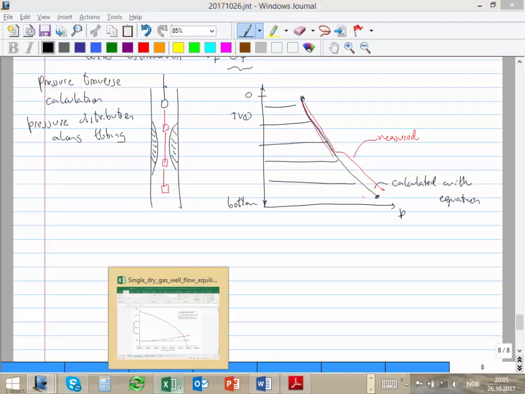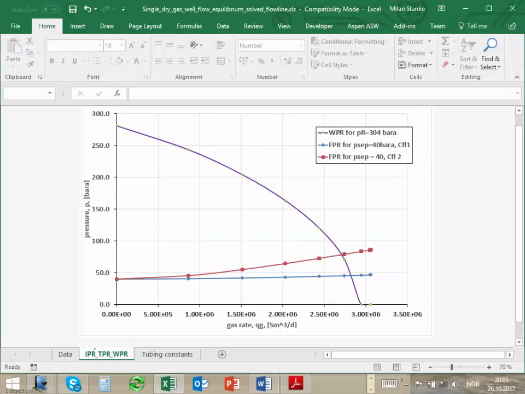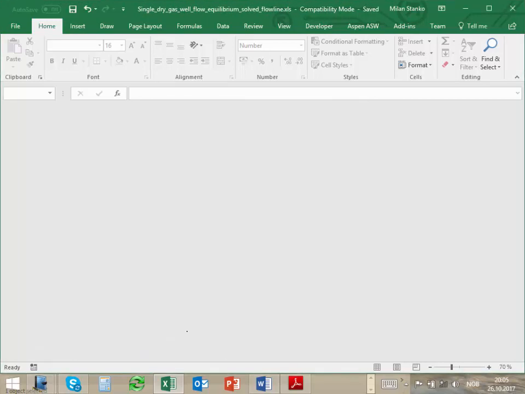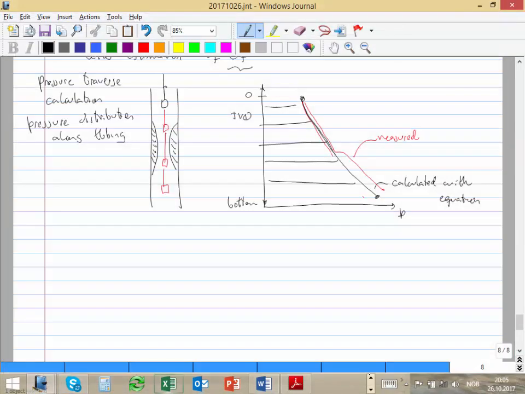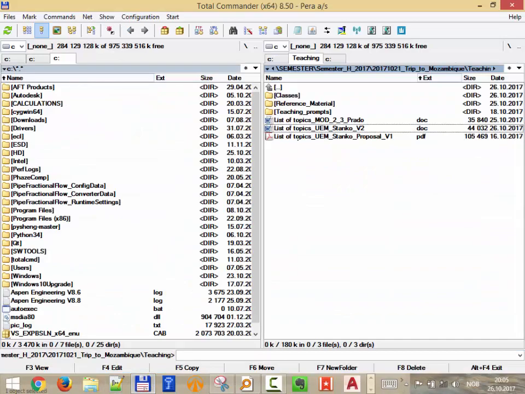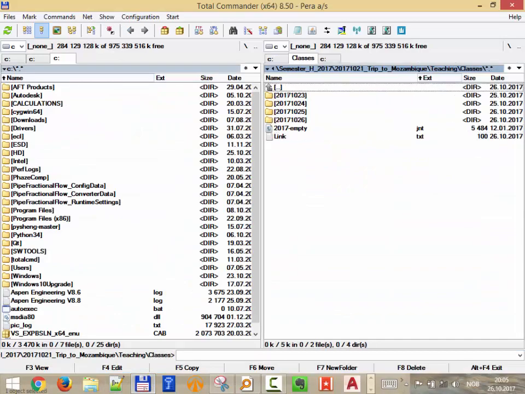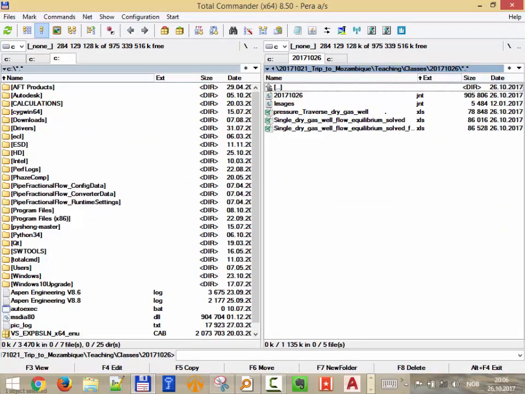So first, I suggest we go to our, not to this exercise, but to the original, not the flow line, but the one I told you to save a copy. It's this one here.